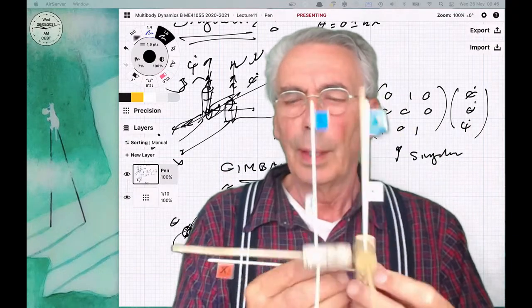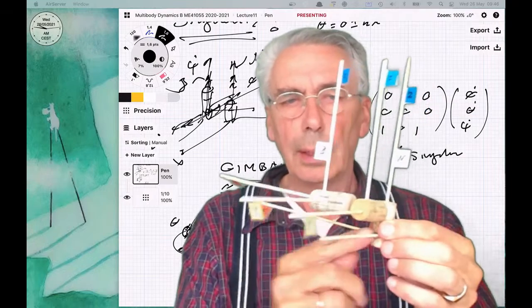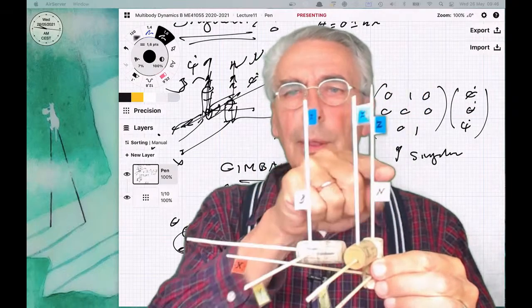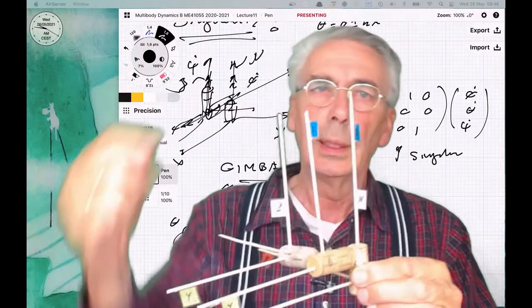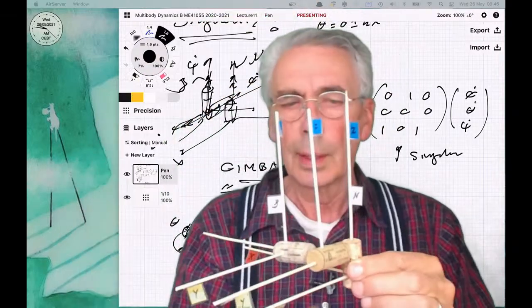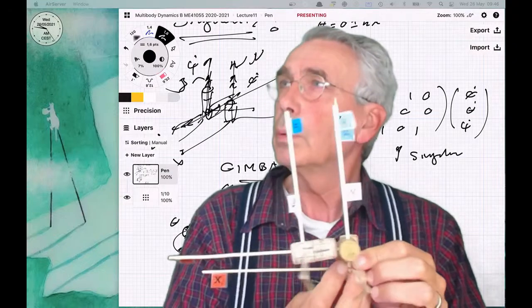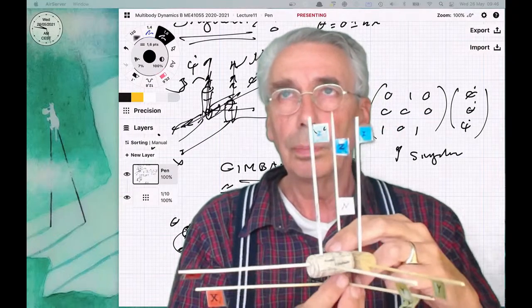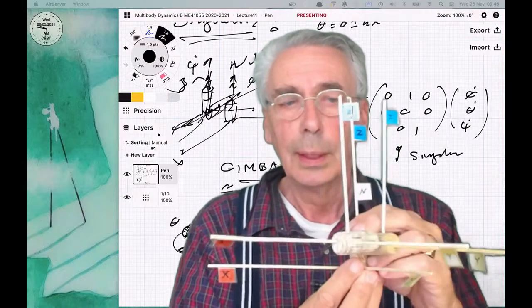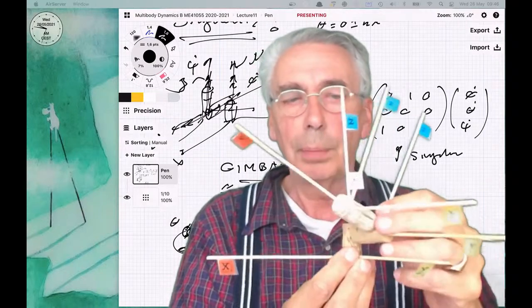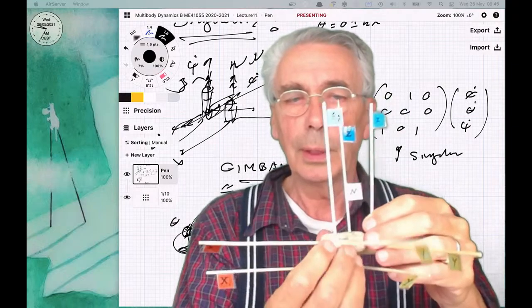What is this? This is our inertial frame, with the x, the y, and the z-axis. And then I made yaw, pitch, roll, like in the assignment. So this is the yaw, and then we have a pitch, and then we have a roll.